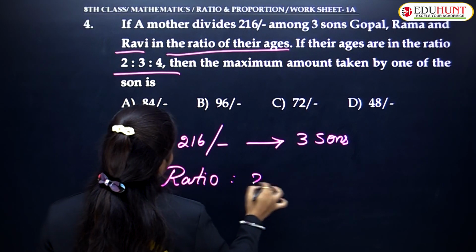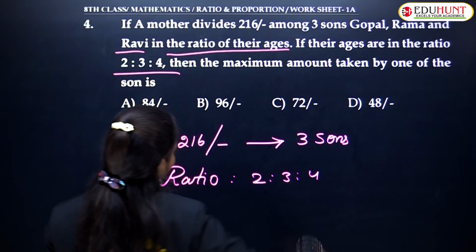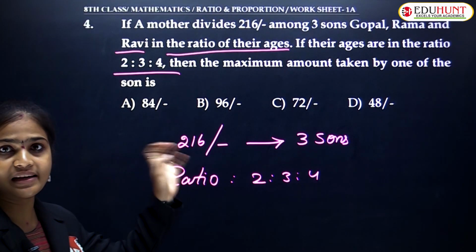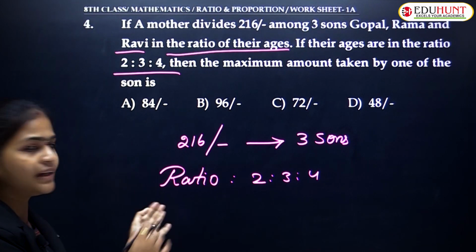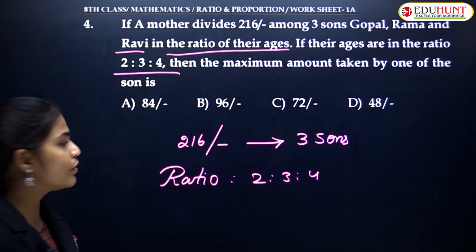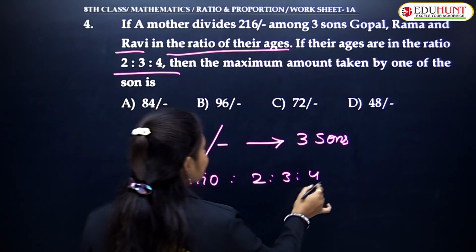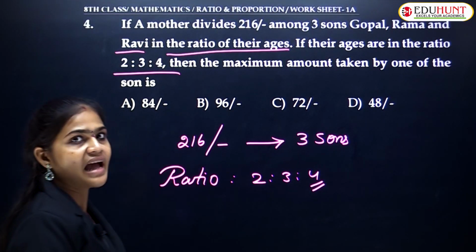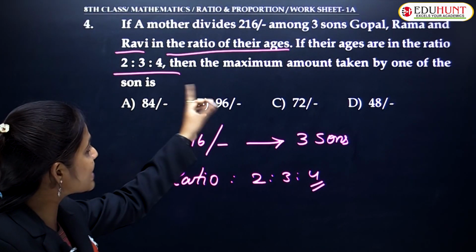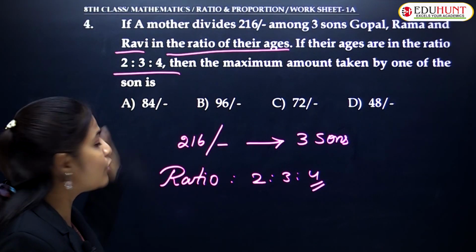The ratio is 2:3:4. There is a younger kid and in the same way an elder kid, so she divided 216 rupees among those 3 children accordingly. They are asking for the maximum amount taken by one of the sons.